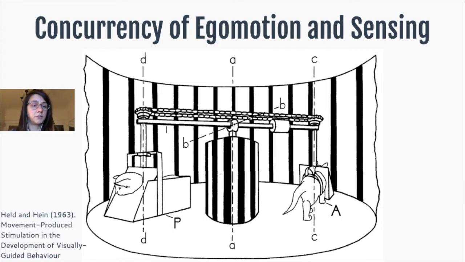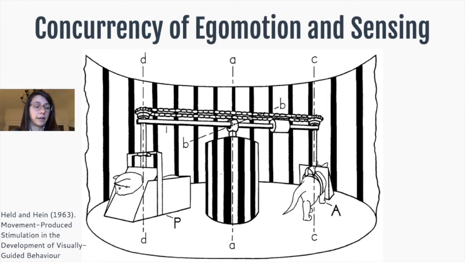So the question that Held and Hein ask is whether visually guided behavior is influenced if the passive kittens are deprived of actually having control over these stimuli.